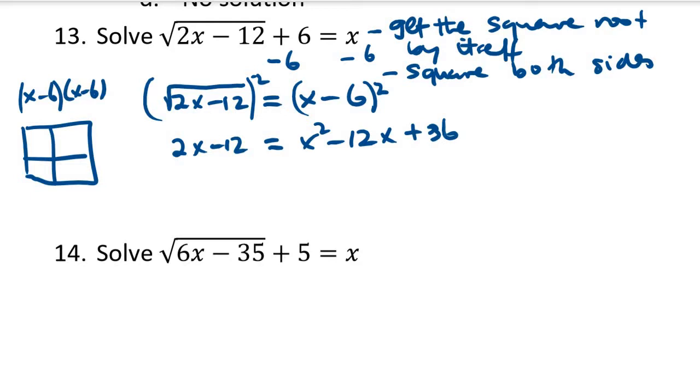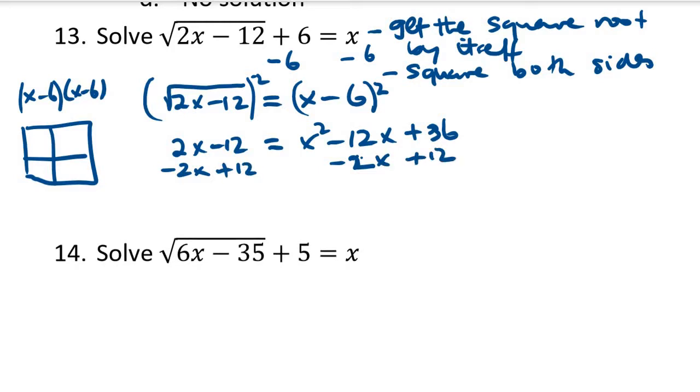And now, this is a quadratic equation, so you need to set one side to 0. The x squared is already on the right side, so you try to get the left side to be 0. Subtract 2x, and then add 12.